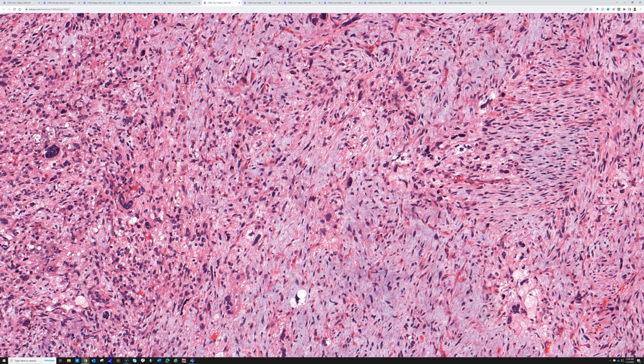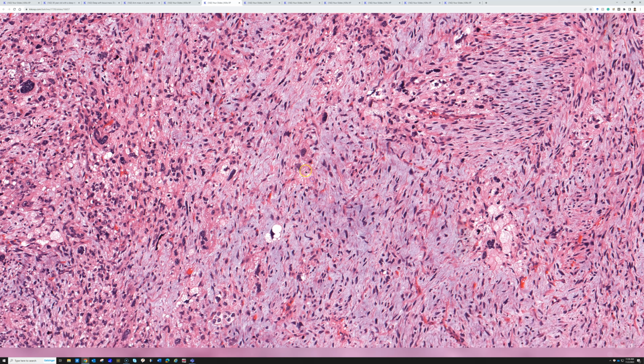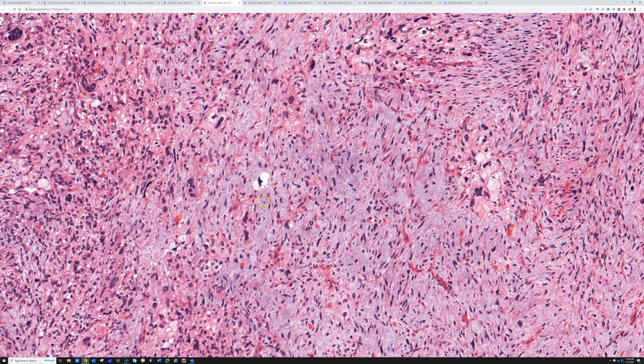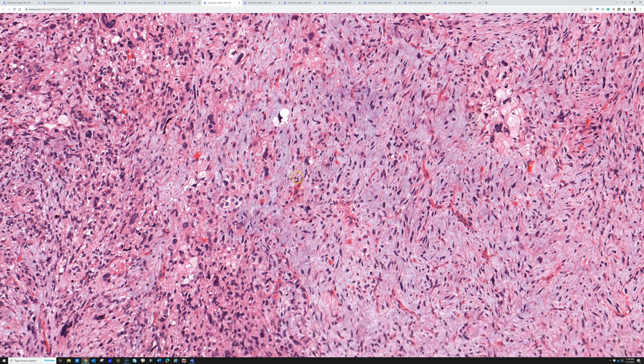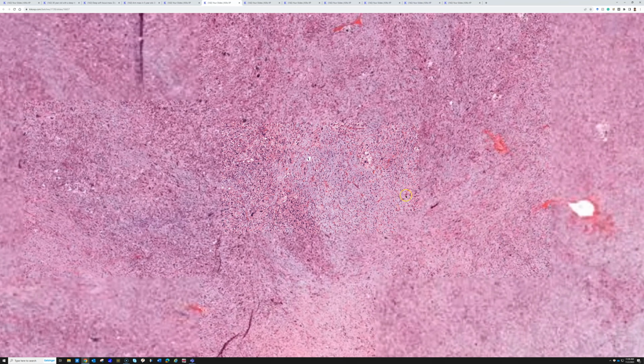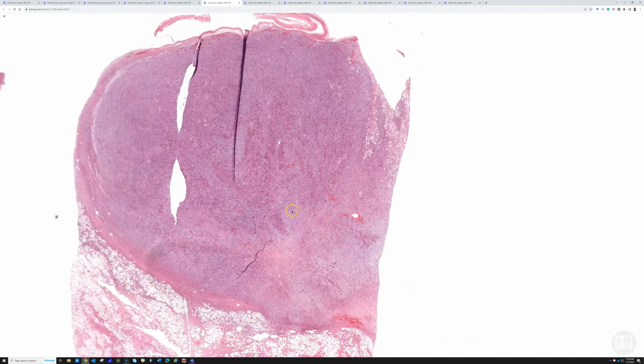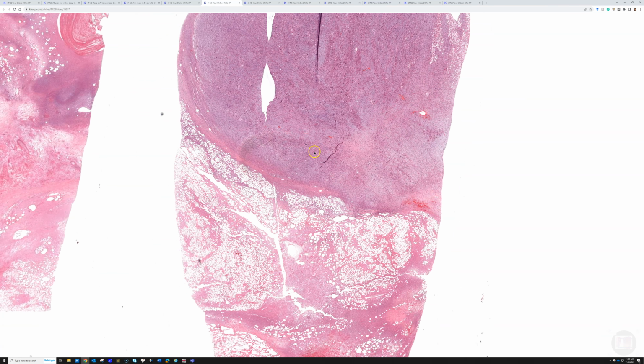So the presence of blue myxoid change in a liposarcoma does not prove what type of liposarcoma it is.